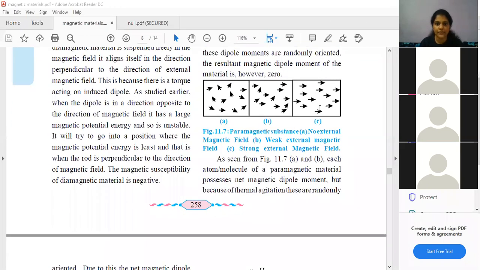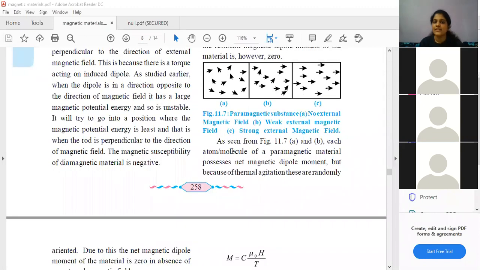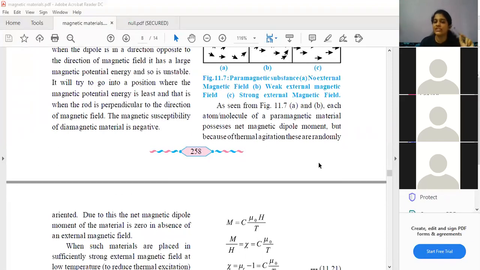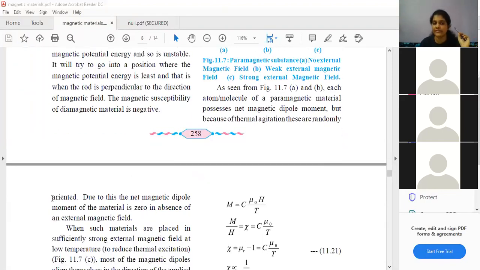Let's move ahead. As seen from figures A and B, each atom or molecule of a paramagnetic material possesses a net magnetic dipole moment, but because of thermal agitation, these are randomly oriented. Here, temperature also plays an important role.